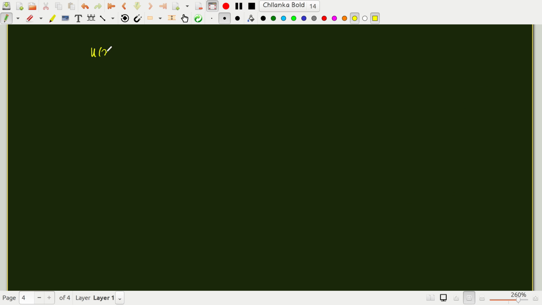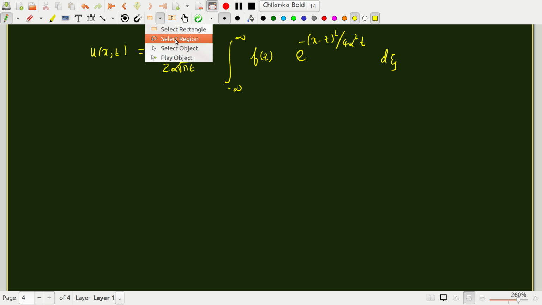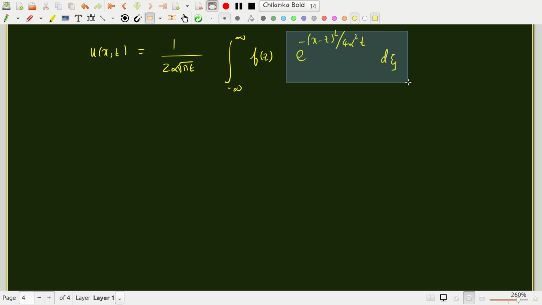Remember that we wrote u of x, t as 1 over 2 alpha root of pi t times the integral from minus infinity to infinity of f of z, e to the minus (x minus z) the whole squared by 4 alpha squared t, dz. Now if I bring this in, let me do a little bit of rearrangement of this particular expression.